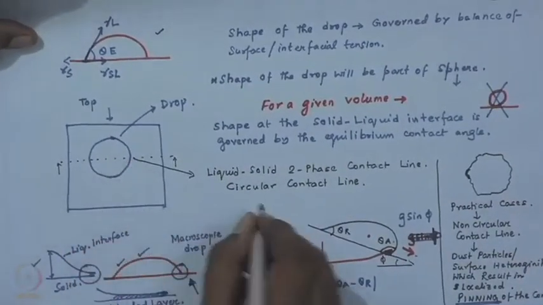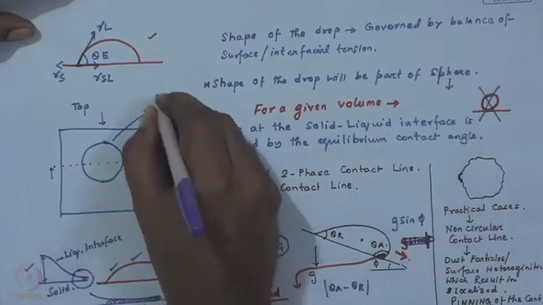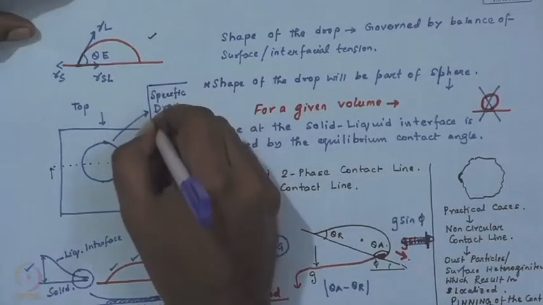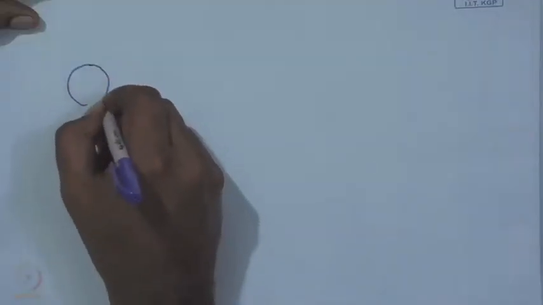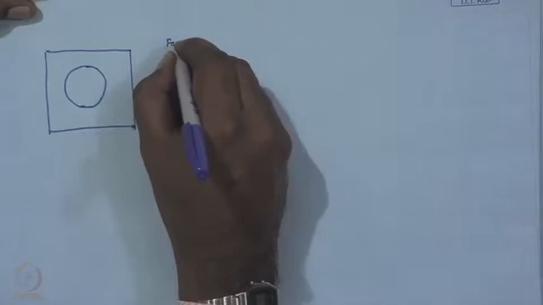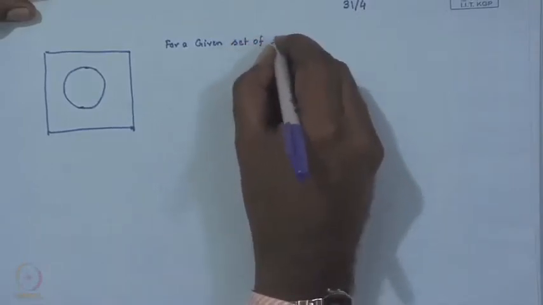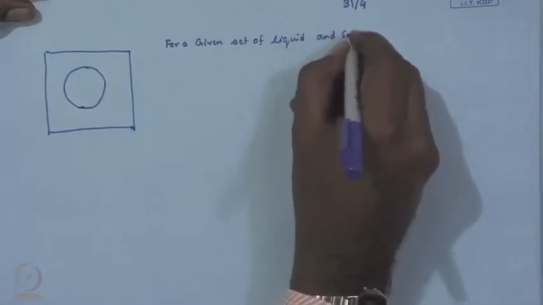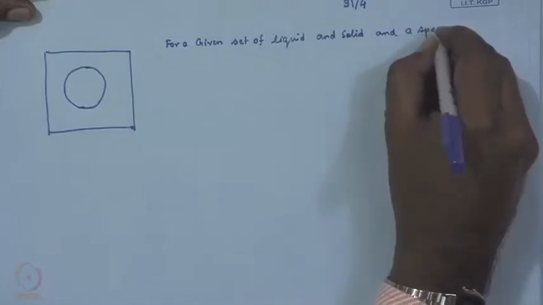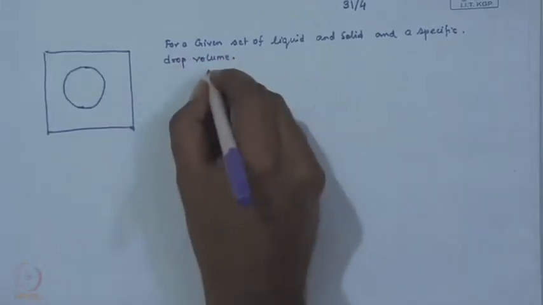Okay. So, coming back to this particular figure, what we understand is that for a given liquid-solid set, for a given substrate, given liquid and a given drop volume, theta e is fixed.